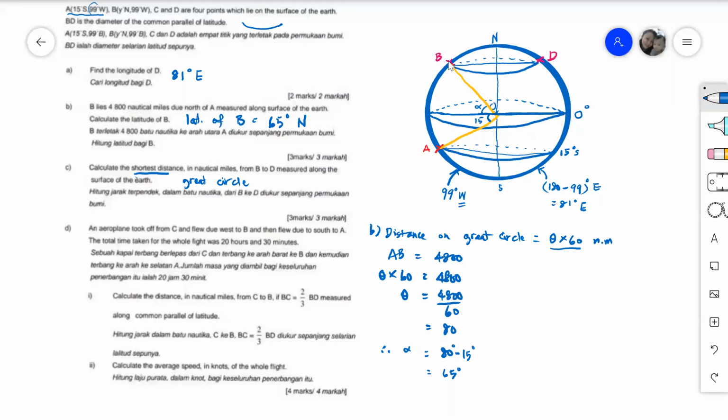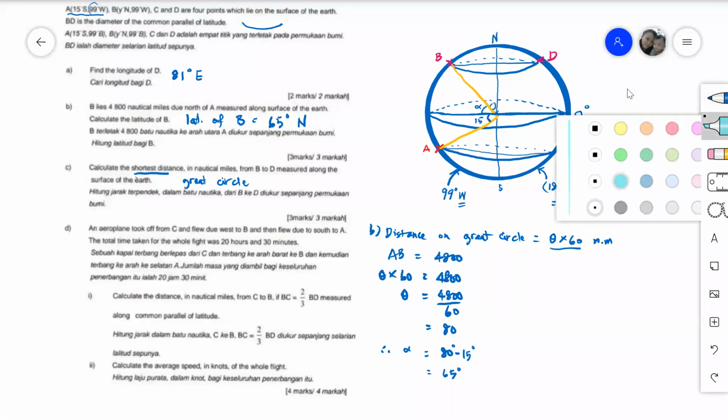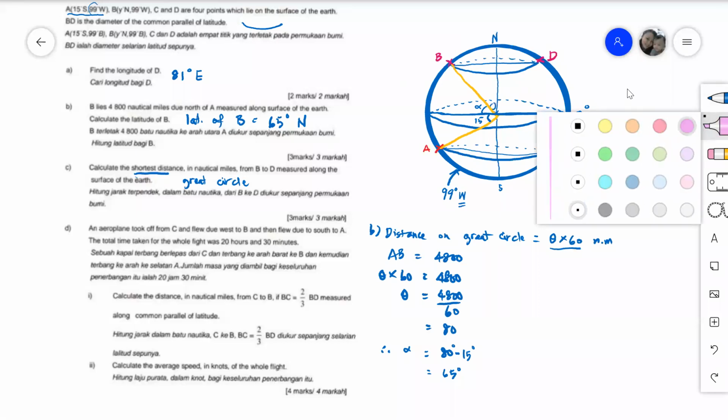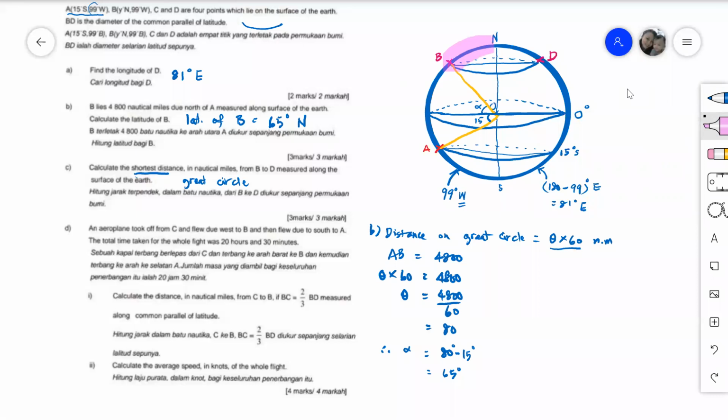So in this case, instead of moving along the latitude, B to D, we move along the great circle. That means it will go through the North Pole. Let me use the highlighter to highlight the path. So we move from B to D through the north.